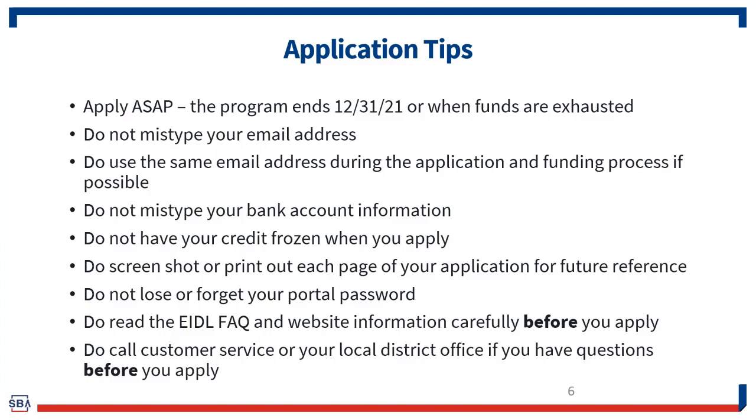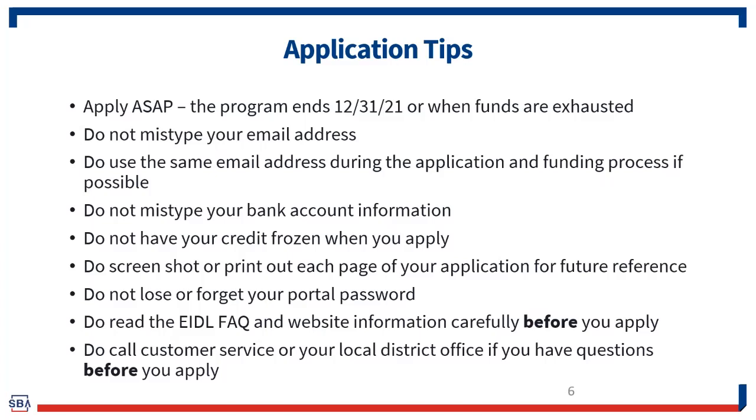One of the most important tips when you are doing your application: make sure that you are double and triple checking everything. Don't mistype your email address. It sounds like it would be a really easy thing to just call customer service and say, hey, I need to change my email address. It isn't. It requires a good deal of behind the scenes work in order to get that email address changed.